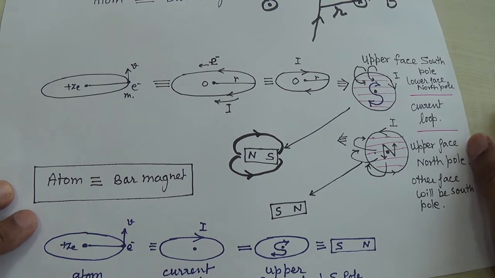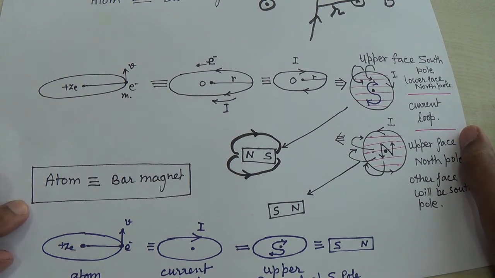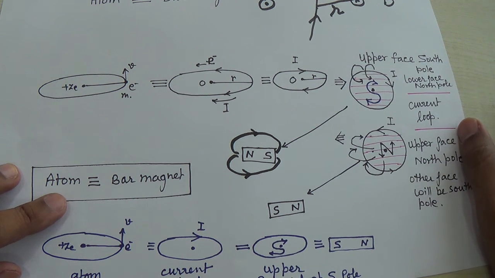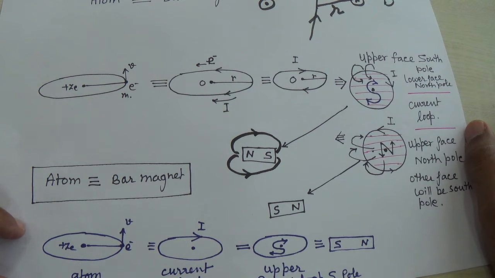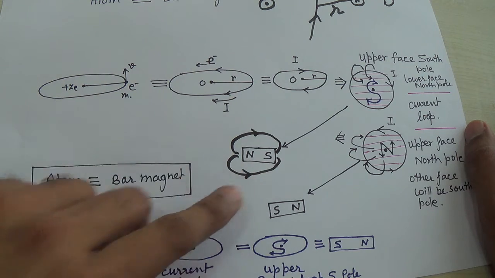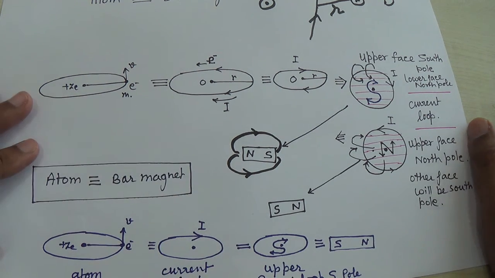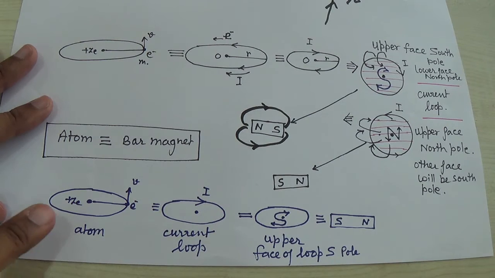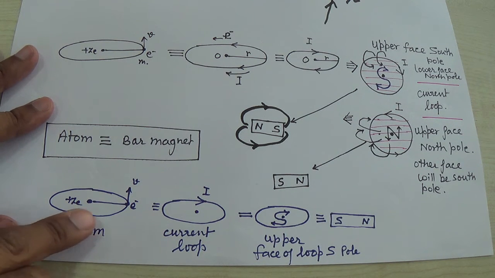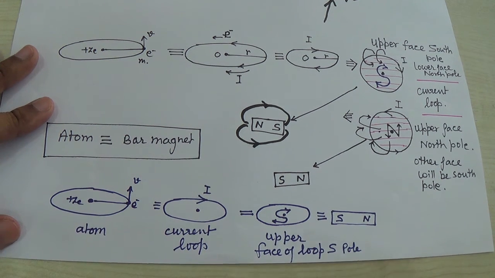Through this picture and explanation, one can say that an atom can behave like a bar magnet. An atom is equivalent to a bar magnet which has a north pole and south pole. Here again I have shown this picture. This is an atom in which an electron is revolving.